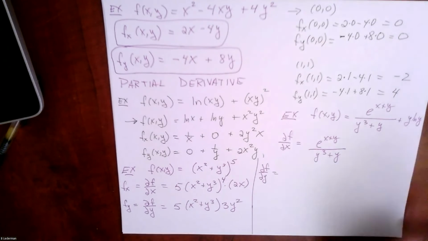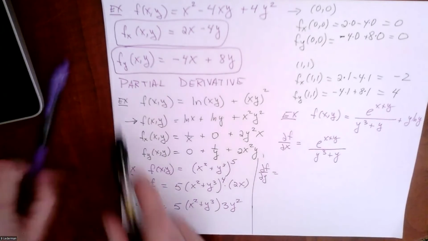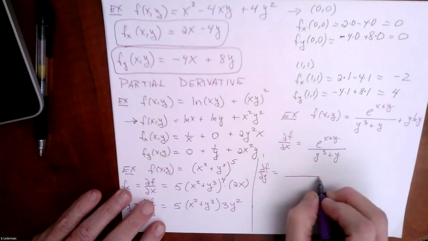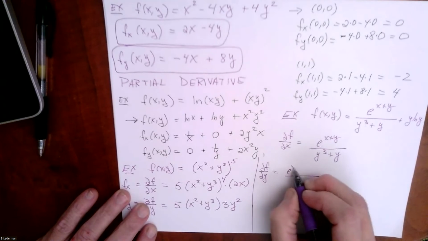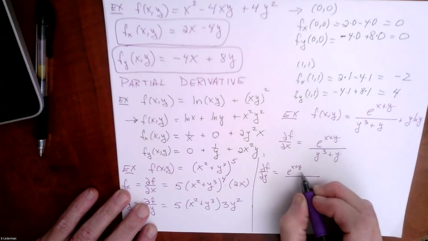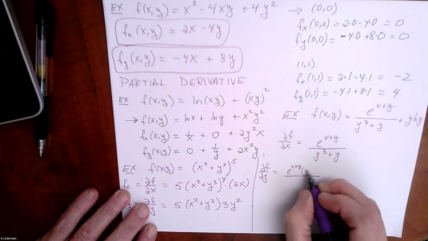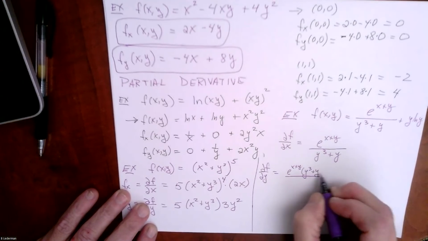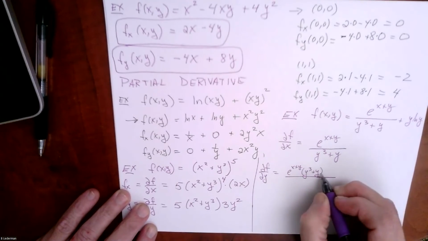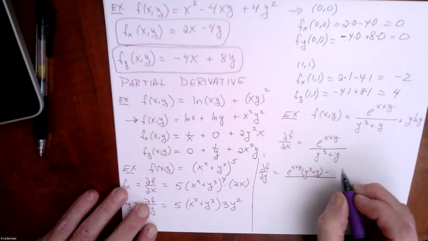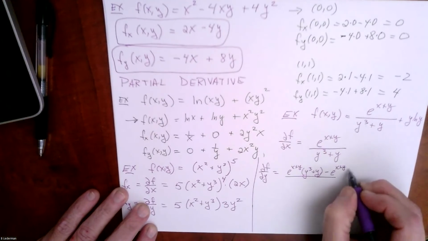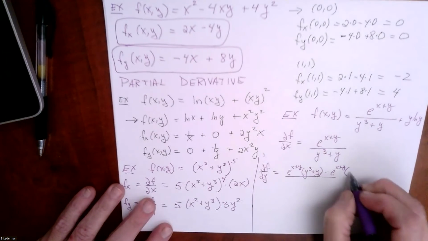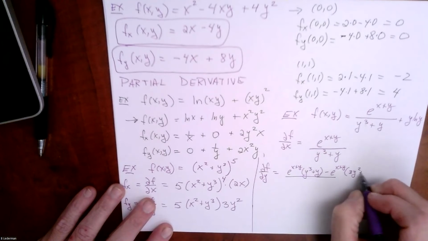Let's do it. For quotient rule, we have the derivative of the top, which is still just e to the x plus y, times the bottom, y cubed plus y, minus the top, e to the x plus y, times the derivative of the bottom, which is 3y squared plus 1.